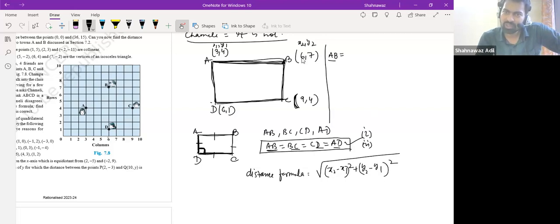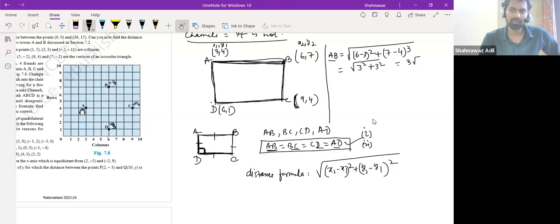So x2 is 6 and x1 is 3. So root of 6 minus 3 square plus y2, which is 7 minus 4 square. So this is how much? 3 square plus 3 square, which means 3 root 2, right? This is AB.